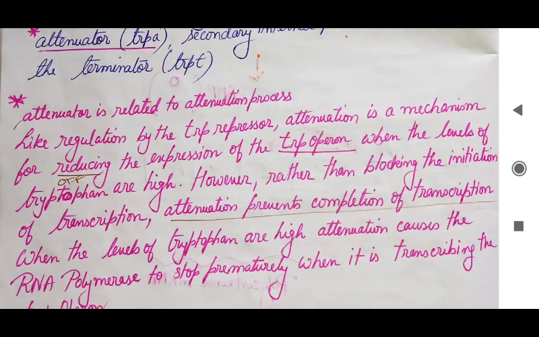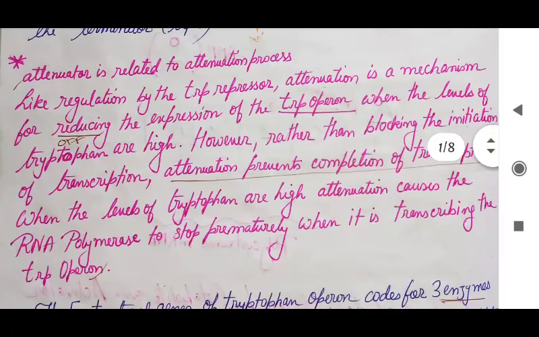They will not totally block the operon, rather than blocking the initiation of transcription, attenuation is a process that prevents the completion of the transcription of the genes associated with the tryptophan operon.